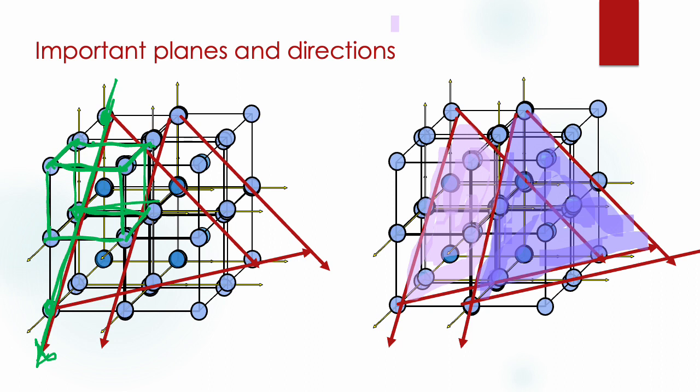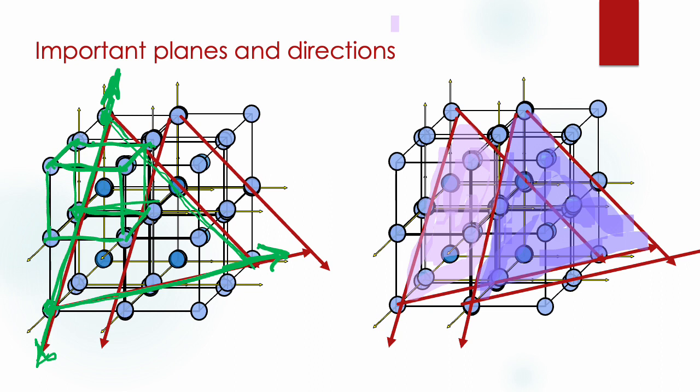And I could pick the line that goes across the front and back faces and the line that goes across the top and bottom faces. Those are the three directions where deformation occurs in BCC.